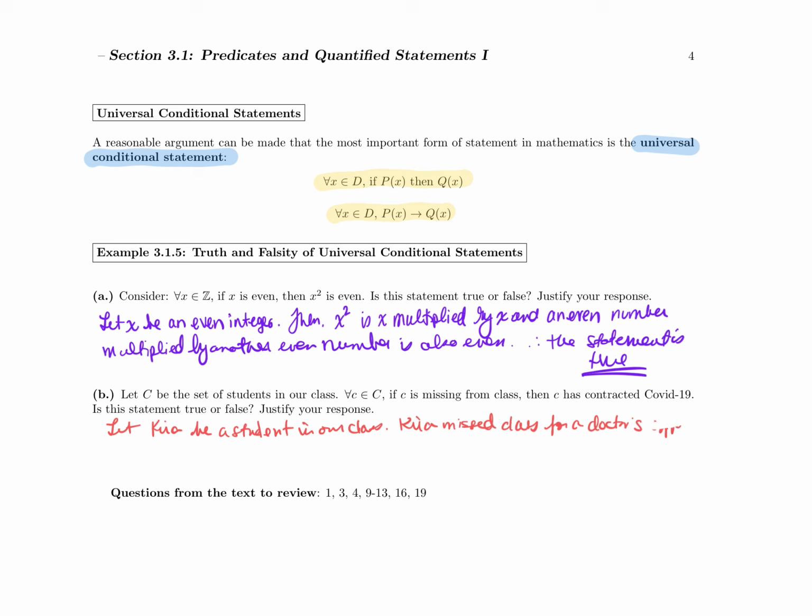Oops, there's only 2 P's in appointment. Let's try that again. For a doctor's appointment. Therefore, it is false to claim that she has COVID. And then the statement is false.